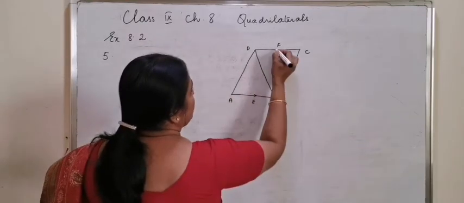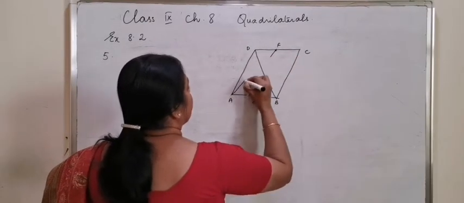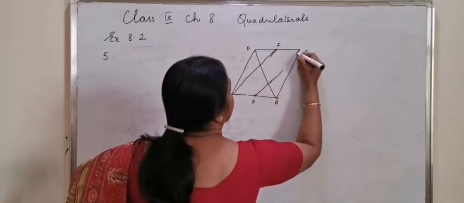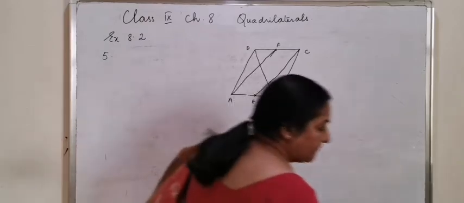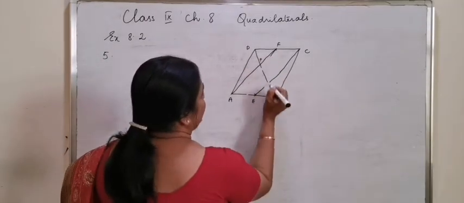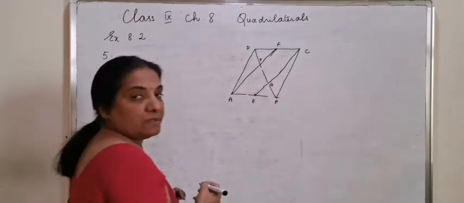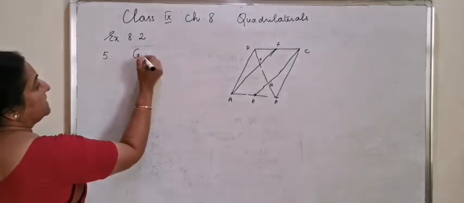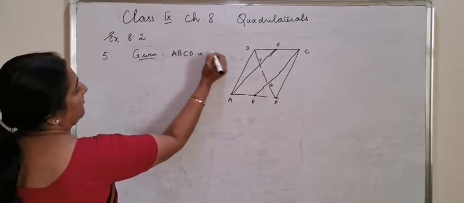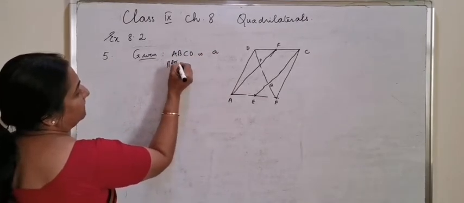AF is joined, CE is also joined. The points are P and Q. So what is the given condition? ABCD is a parallelogram.